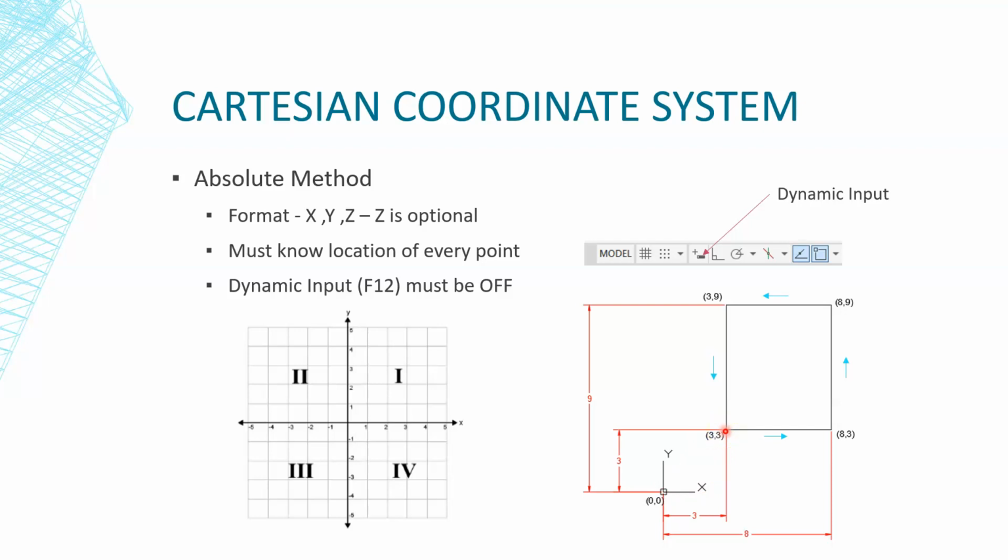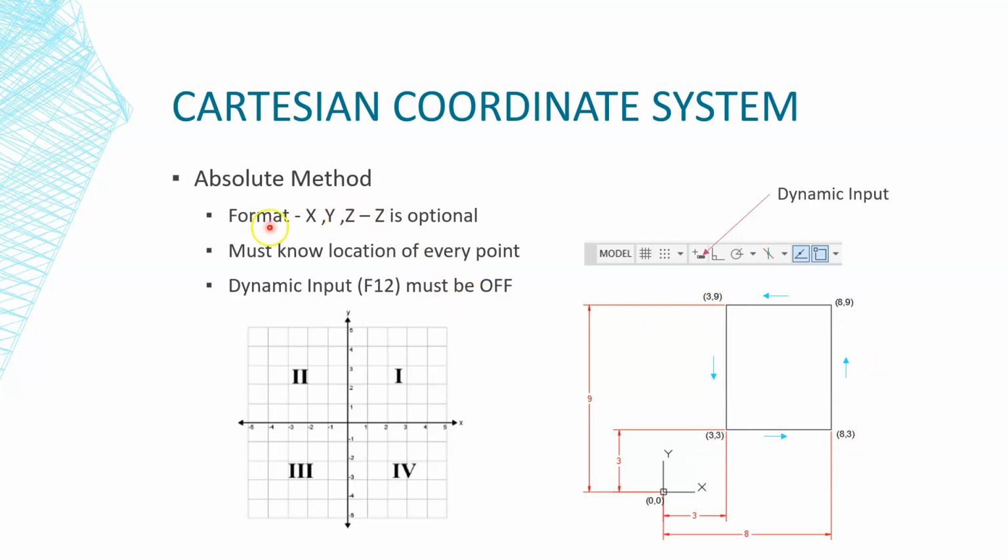It makes sense that you're going to have to coordinate the next point to create this square. You just can't jump around randomly and hope that it goes into a square or a rectangle. So what you're going to have to do is type in these coordinates, and you do not need the brackets. I'm going to type in here, and then I'll type in these coordinates, and these coordinates.